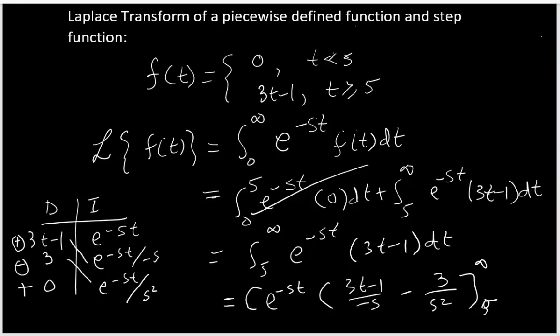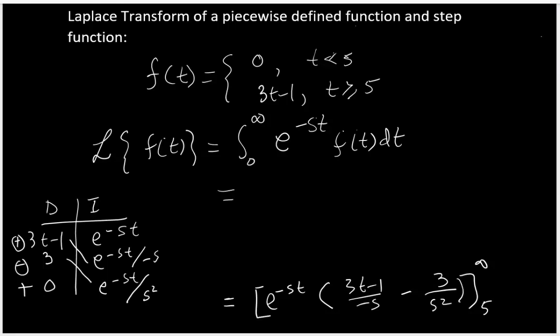If you plug in the limit and simplify, you will get your expected answer. When t goes to infinity, this term goes to 0 faster than the other one, so the whole thing goes to 0. So we just need to take care of 5.